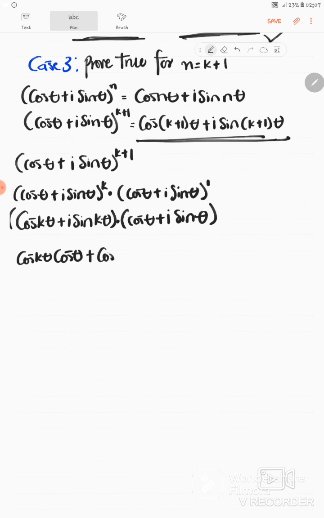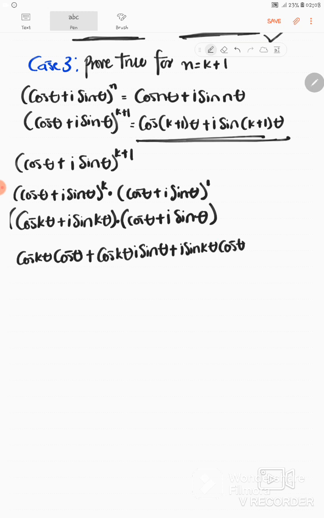That's cos k theta i sine theta plus i sine k theta cos theta.